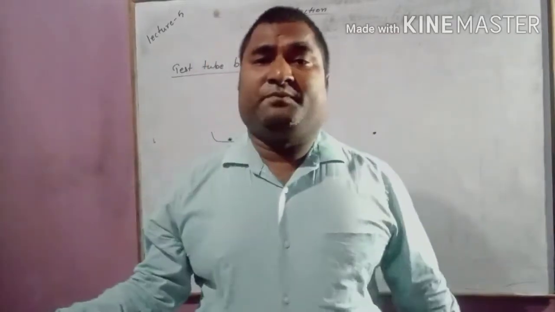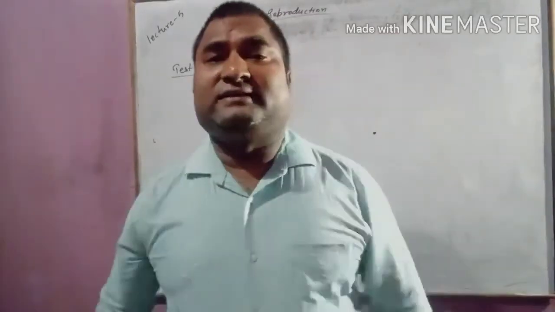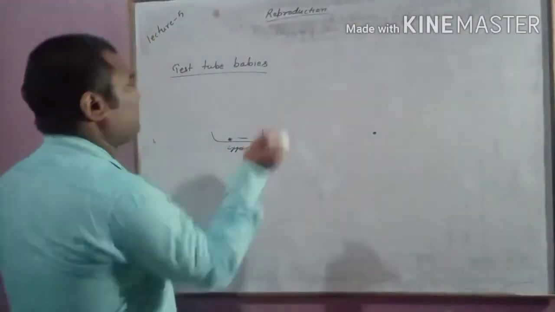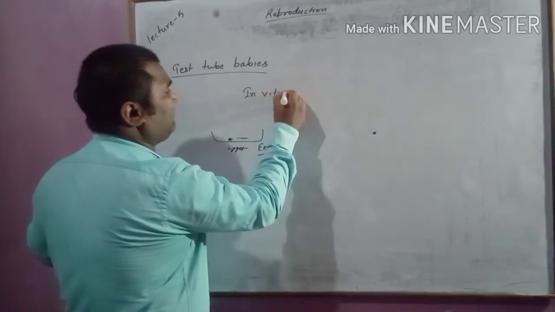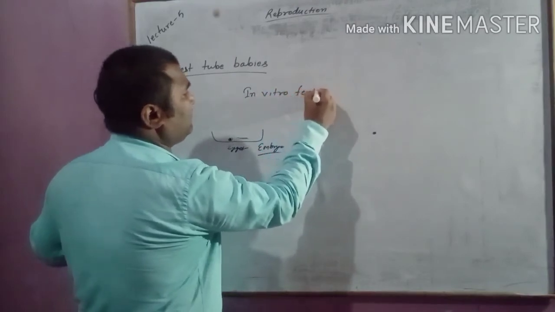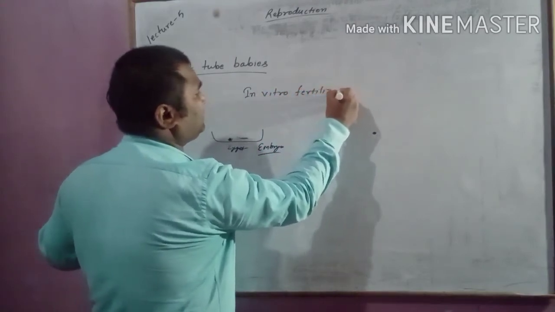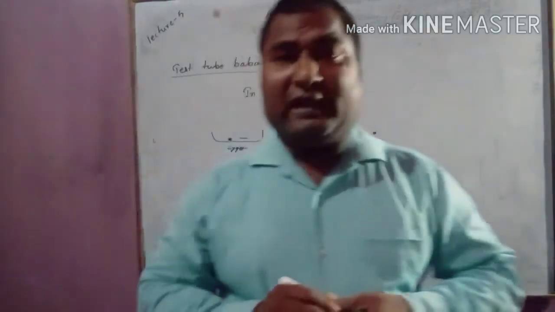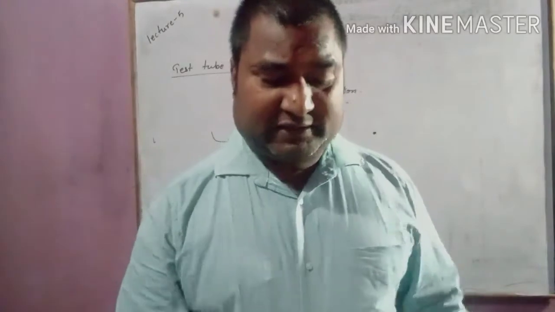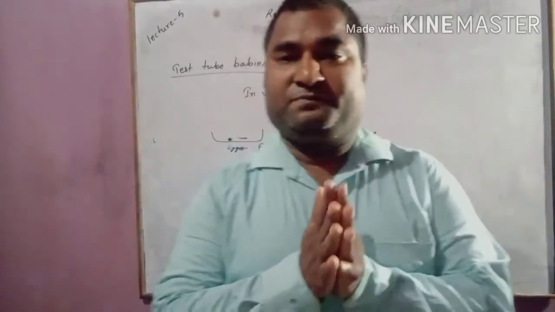Everything is the same. Only fertilization is done outside the body. So this fertilization is called in vitro fertilization. Okay, this process, and the baby developed in such a way, is called a test tube baby.